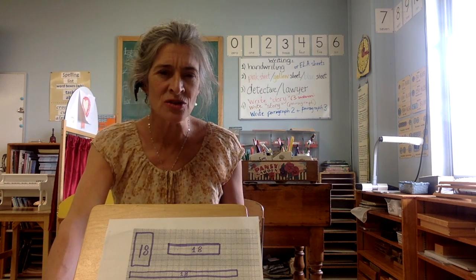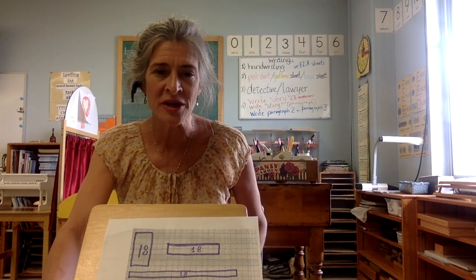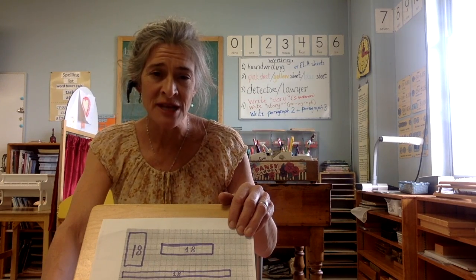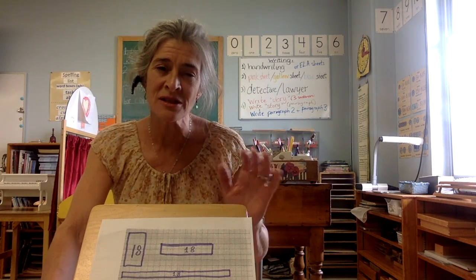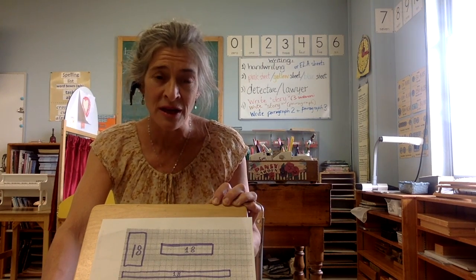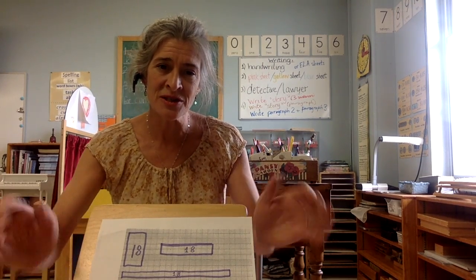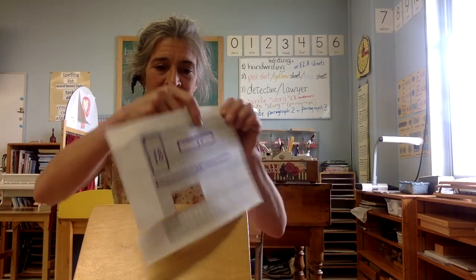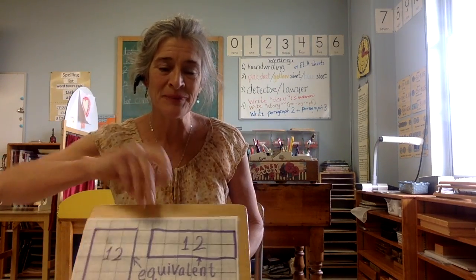Just challenge yourself a little bit using your squared paper. It's a little easier on this side with the square centimeters because the squares are smaller, so you can draw bigger rectangles without taking up as much room. Their sides can be longer. On this side, you already used up quite a bit of it.